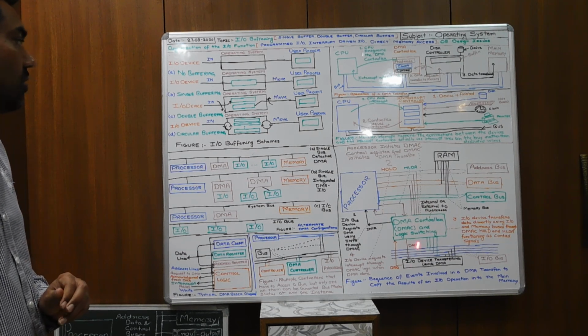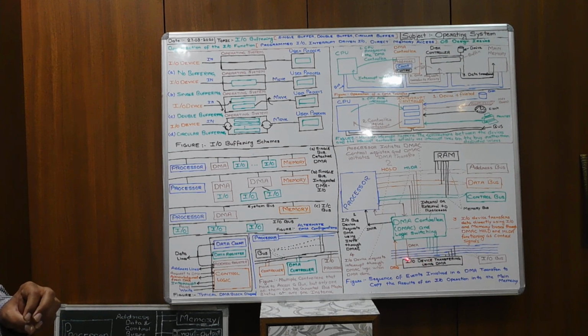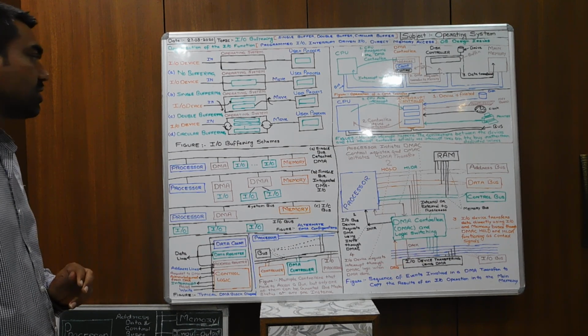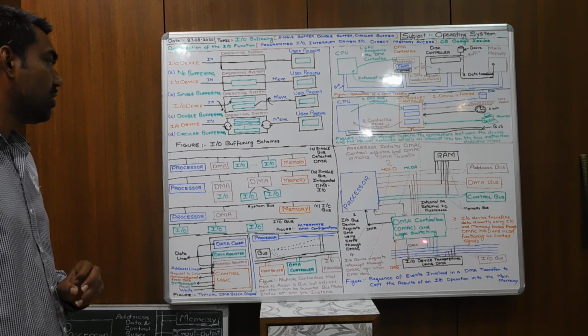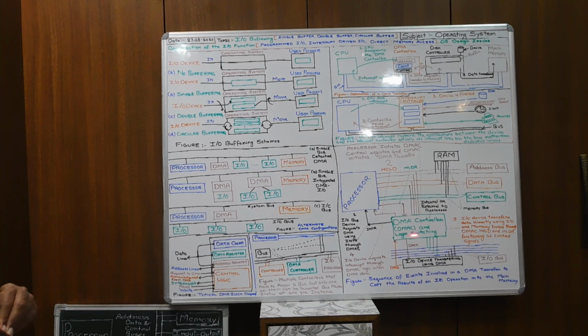The IO devices will place their request, and this request is called DRQ. The DRQ request goes to the DMA controller, and it is the DMA controller that forwards the interrupt request via the INTR line to the processor.